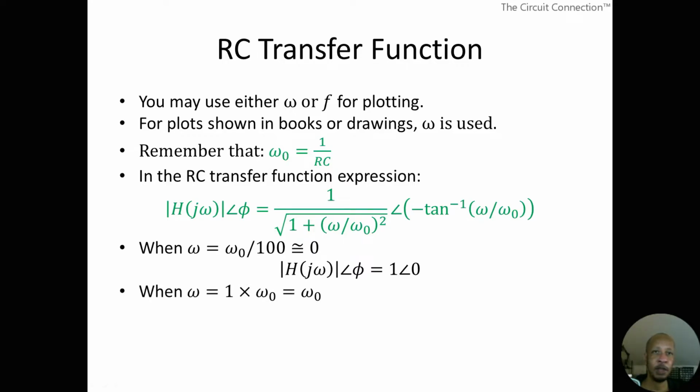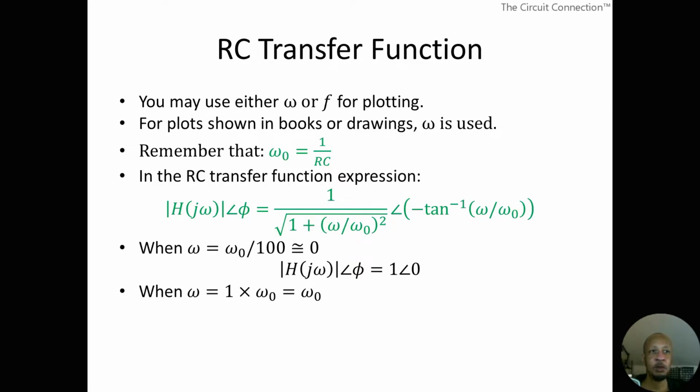By the way, these angles are always in degrees when expressed in phasor form. I could put a little circle up there, but I'll keep moving on. In another revision, I'll have to correct that.